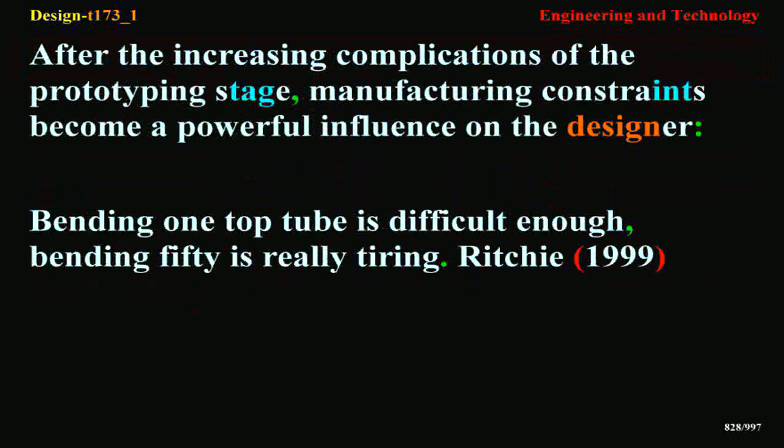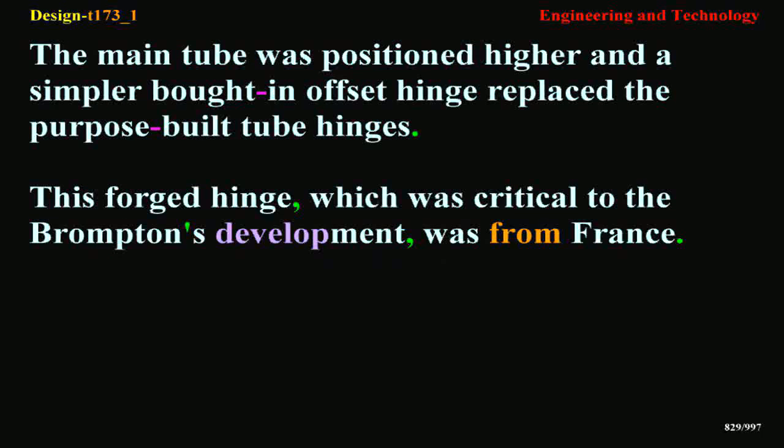After the increasing complications of the prototyping stage, manufacturing constraints become a powerful influence on the designer. Bending one top tube is difficult enough, bending 50 is really tiring. The main tube was positioned higher and a simpler bought-in offset hinge replaced the purpose-built tube hinges.